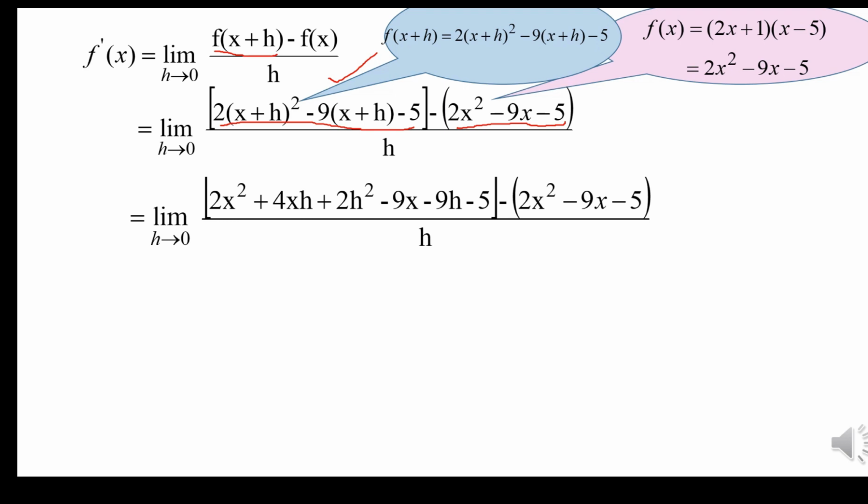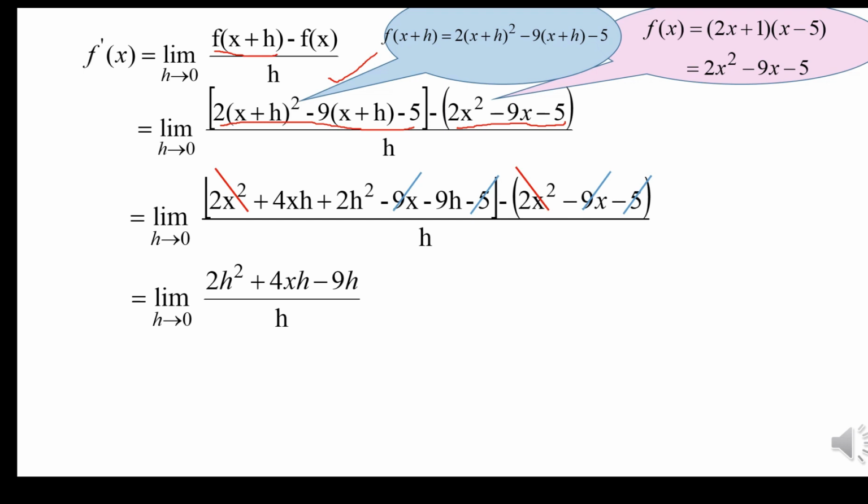Then we expand. After that, you can cancel out 2x squared, then cancel out negative 9x, and we can cancel out negative 5. Then we get the simplest form, that is (2h squared plus 4xh minus 9h) over h.